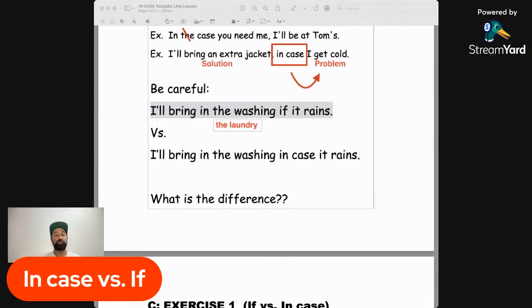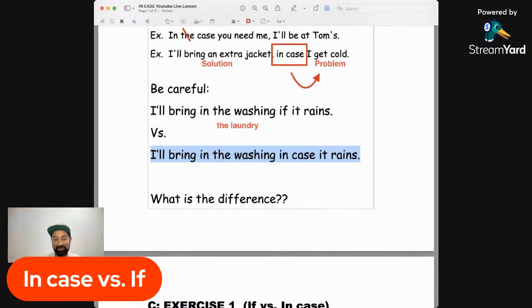So maybe you washed your clothes, you did laundry, and you put it outside and it's hanging. This sentence says, I'll bring in the washing if it rains. The second sentence, I'll bring in the washing in case it rains.